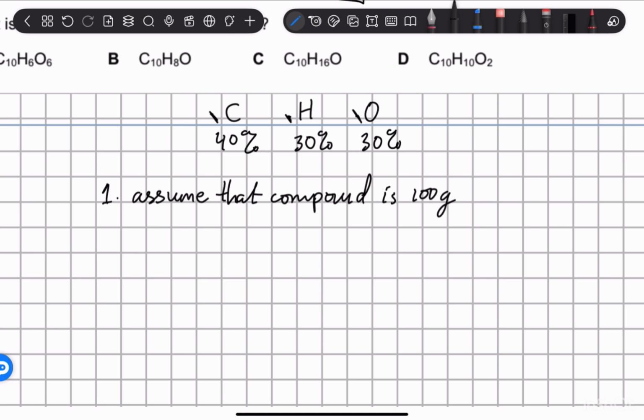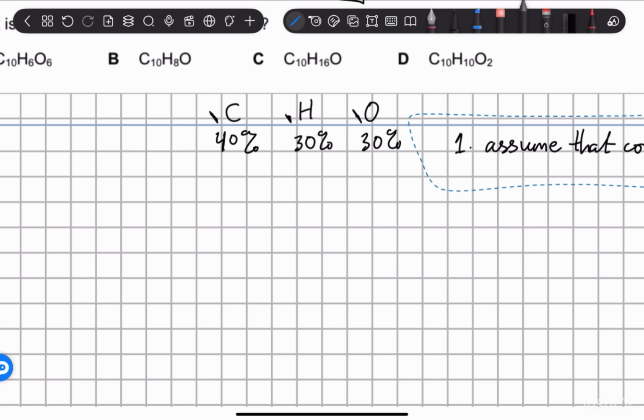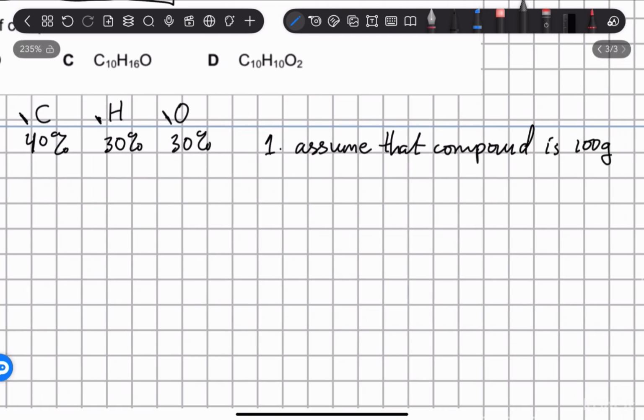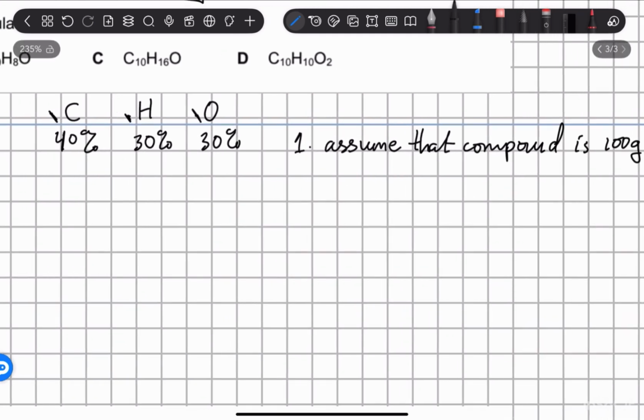So for example, we assume that 40% of carbon is actually 40 grams of the compound from this 100 grams. So that's what you're going to do. Since it's 100 grams, I'm just going to rewrite the percentages as masses.